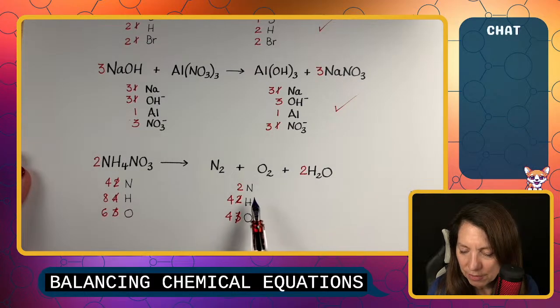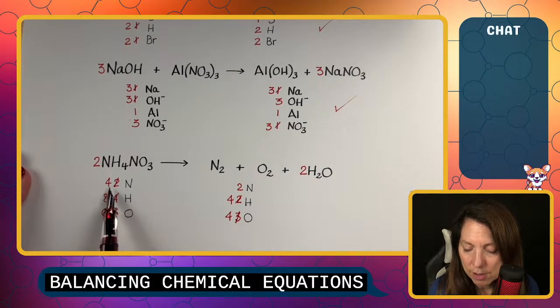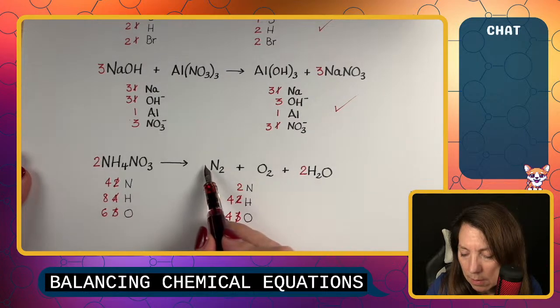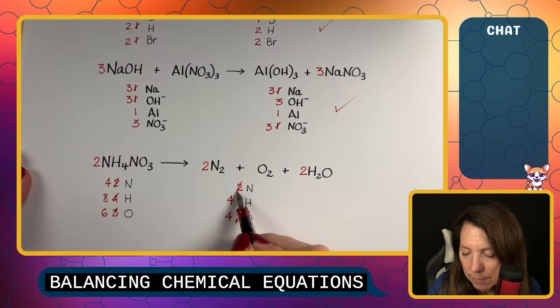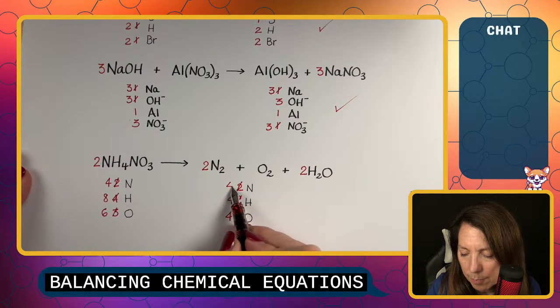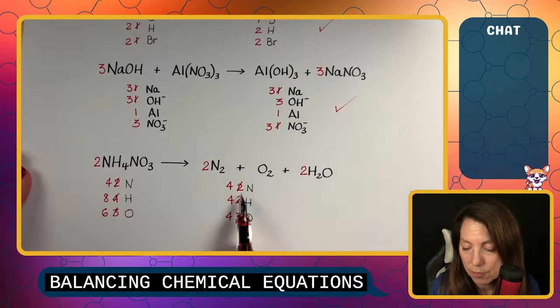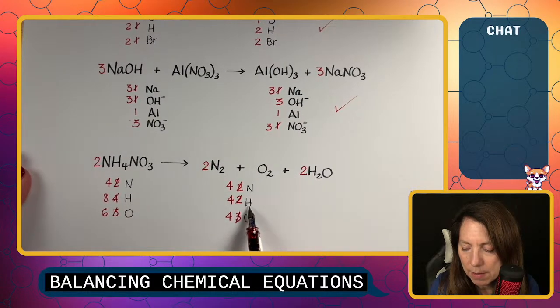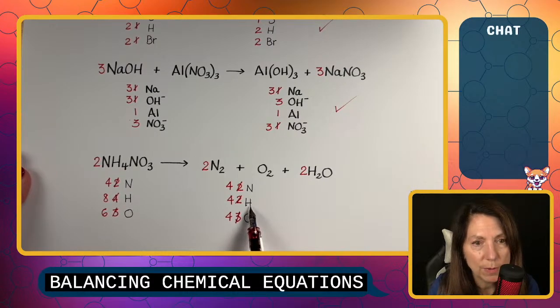Now with the nitrogens, if we wish, we could look at this 4 and acknowledge that the 2 nitrogens come from this N2. And we can put a 2 here, causing the product side to now have 4. So the nitrogens are now balanced. That's great. Okay, what about the hydrogens? What could we do here?